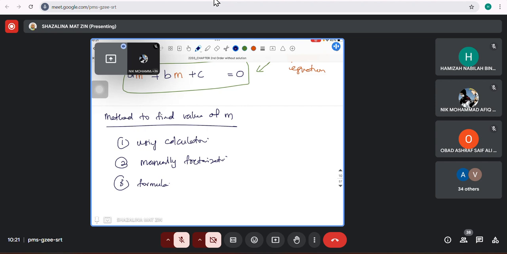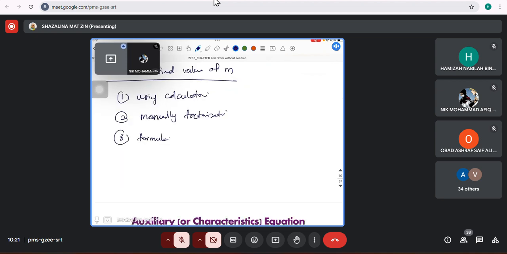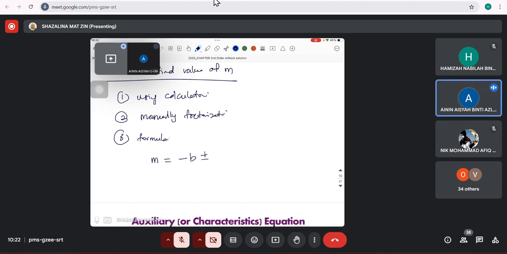We just replace the x with m. By using the formula, what is the formula? Who remembers? m equals? Don't forget the plus or minus. Negative b, plus or minus, square root, b squared minus 4ac, all divided by 2a.